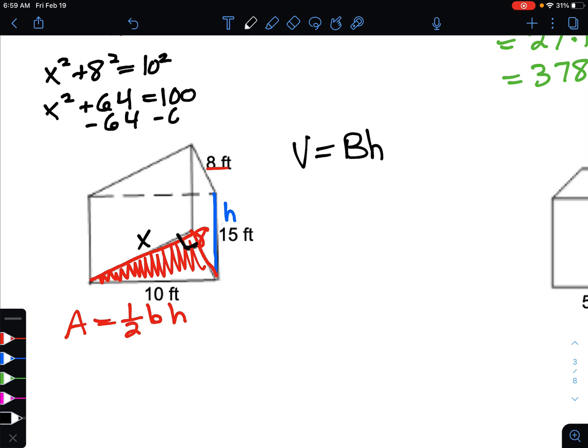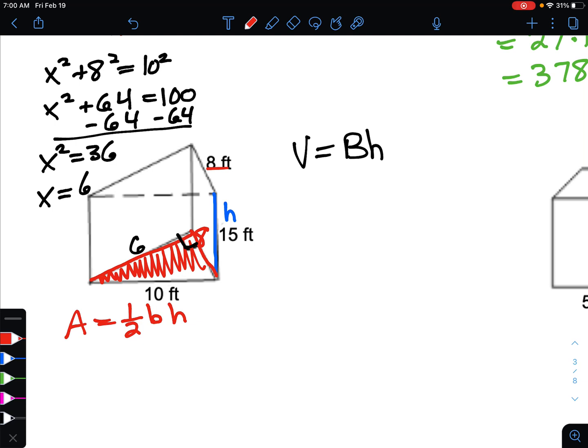And then we'll subtract over the 64 to get that x squared is equal to 36. And then take the square root of both sides to find out that x is equal to 6. So that tells us what x is. In fact, I'm going to erase x and put a 6 there now.